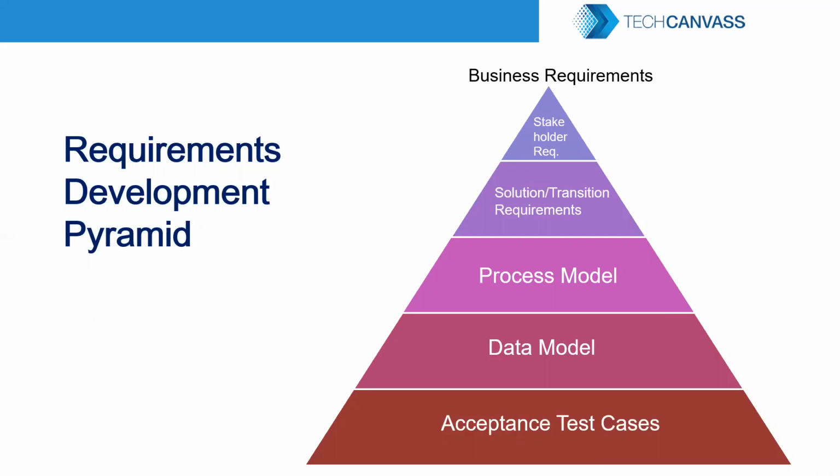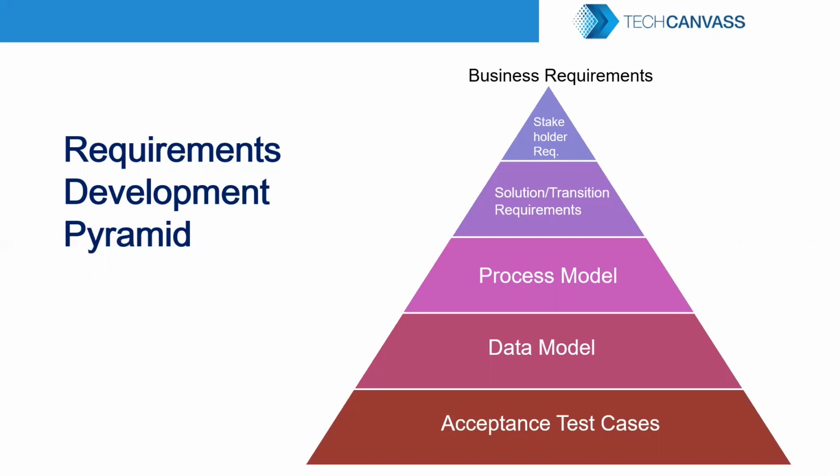That is from where the whole thing starts. Then it gets further expanded and detailed as stakeholder requirements. The next step is to identify the solution and the transition requirements. That is further widened, and more details come into the picture.